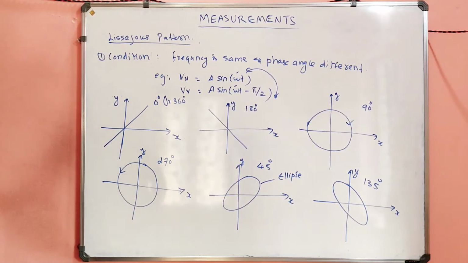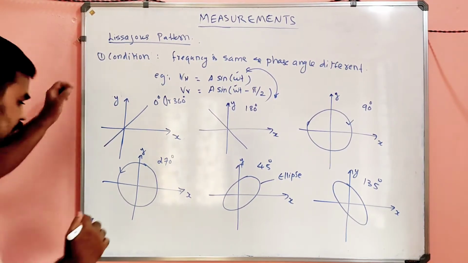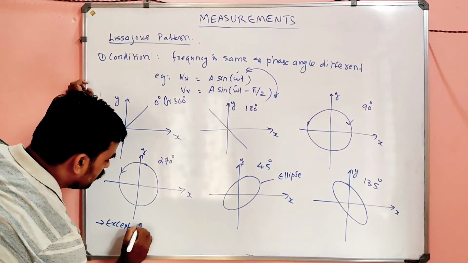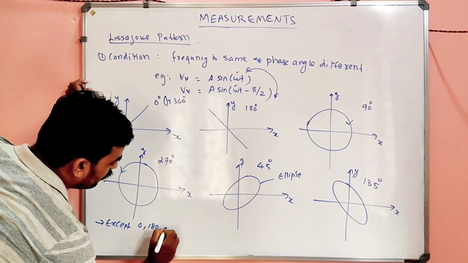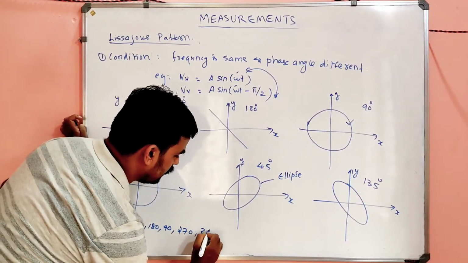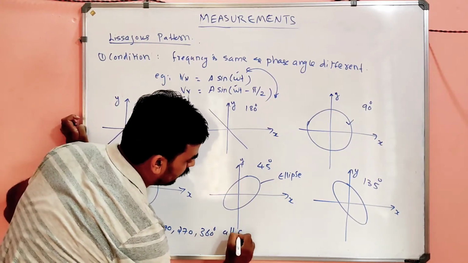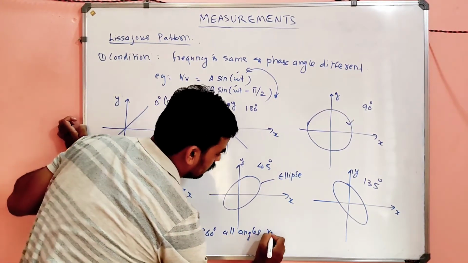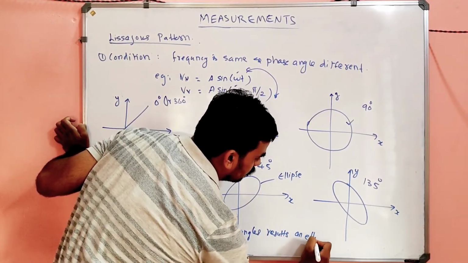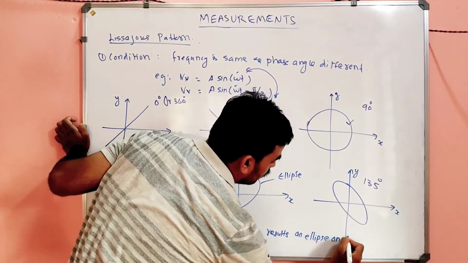And except for 0, 180, 90, 270, 360, all other angles result in an ellipse on the screen.